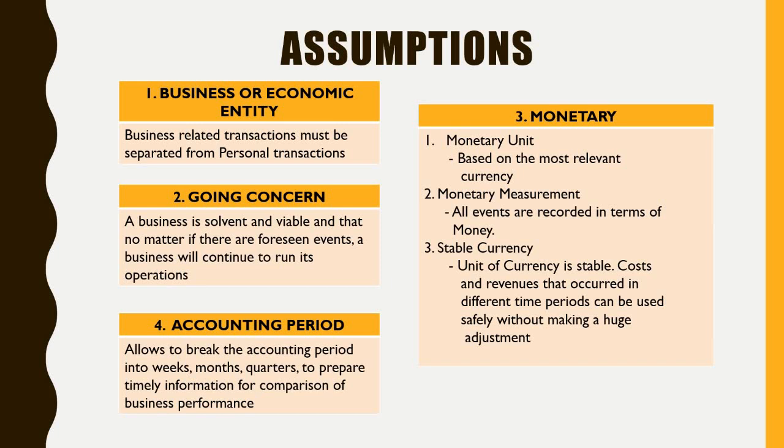The second rule is going concern. This definition tells us that even if there is a foreseen event, for example a closure that you've already predicted, you're going to continue running your business as if nothing is going on.